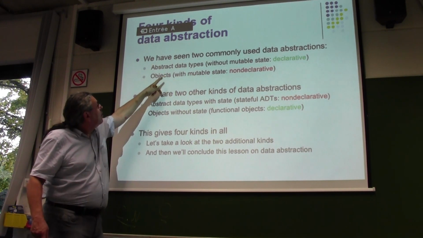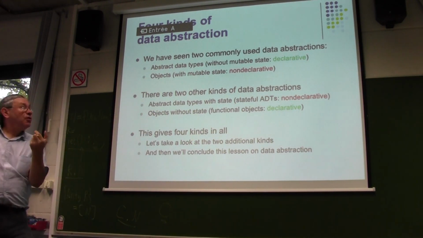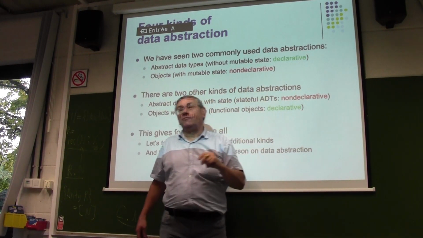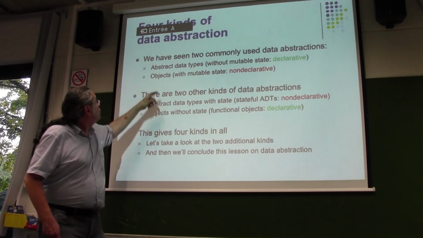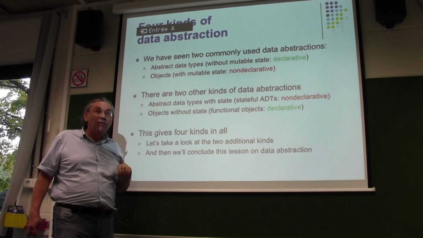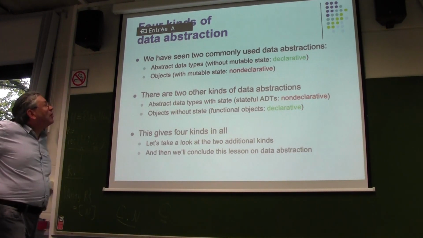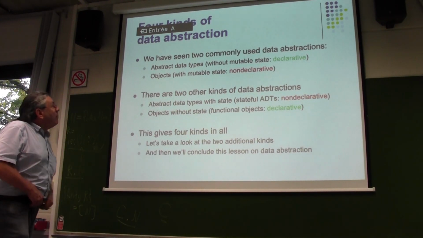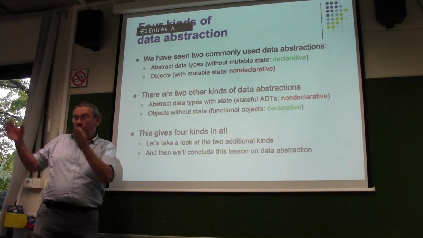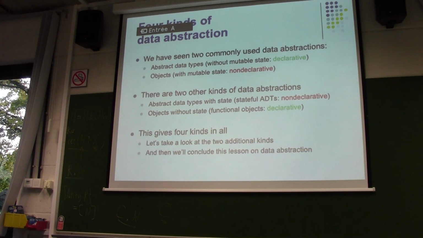Abstract data types, where the values are constants, and that means they're purely declarative. They don't use cells. So the stack I showed you is not using cells at all. So it's actually purely declarative, okay? And the object I showed you is using cells. So it's not declarative. Remember, we have this barrier.